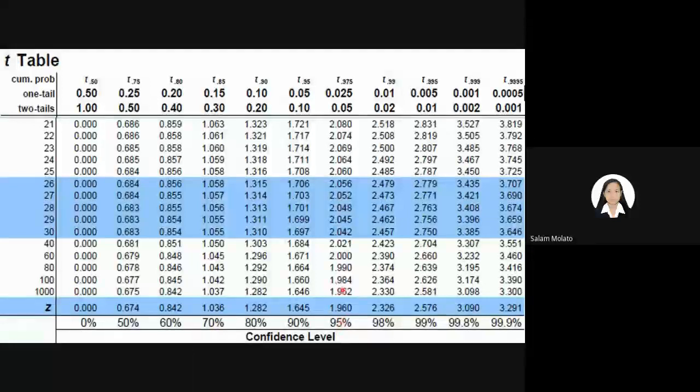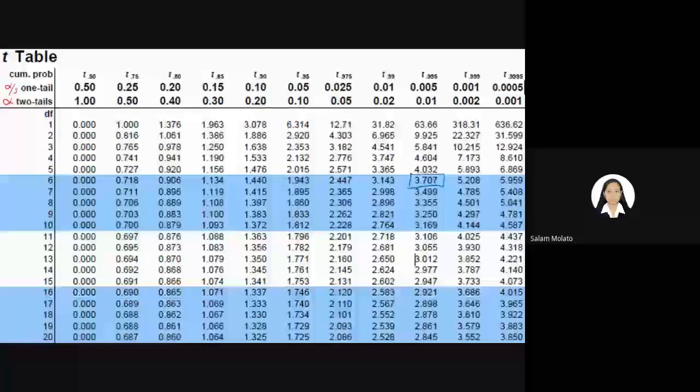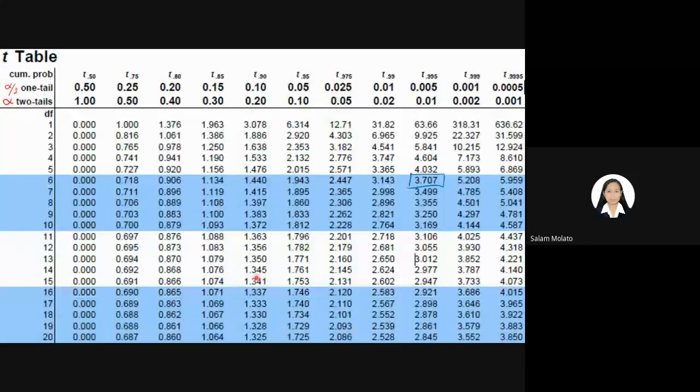Ayan, 95%. So, therefore, ang gagamitin natin is ilan? 2.160. So, ayan ang gagamitin natin. So, 13 and 0.025.